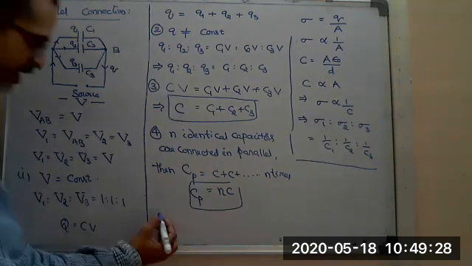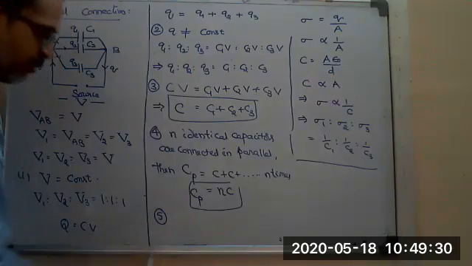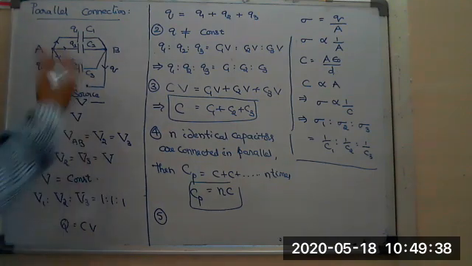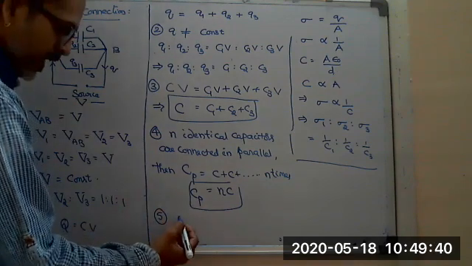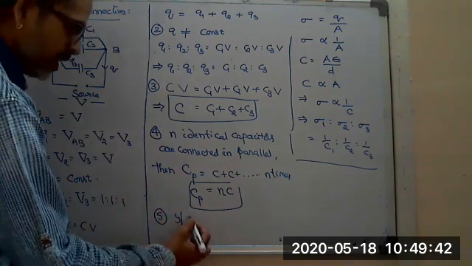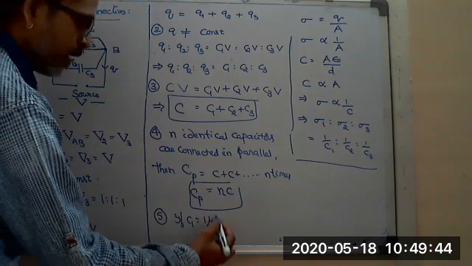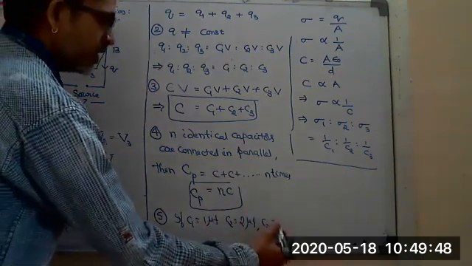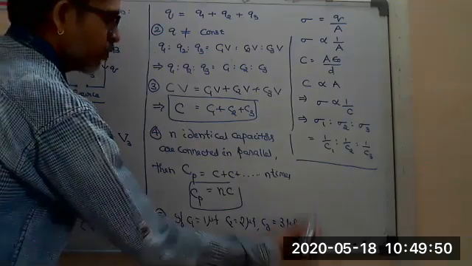That's why I can write the fifth point, the effective capacity is greater than the individual capacity. There, if you see, same question: suppose they give C1 equals 1 microfarad, C2 equals 2 microfarad, and C3 equals 3 microfarad.